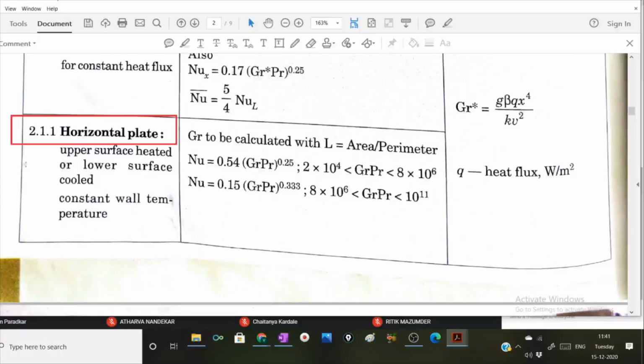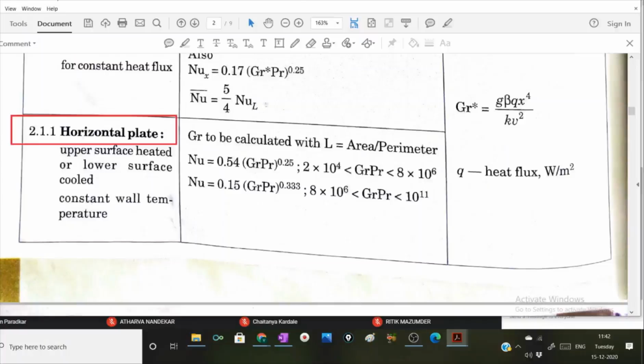So for our given configuration, is it applicable? Upper surface heated, constant wall temperature. So yes, equation 2.1.1 for horizontal plate satisfies the condition for my problem.